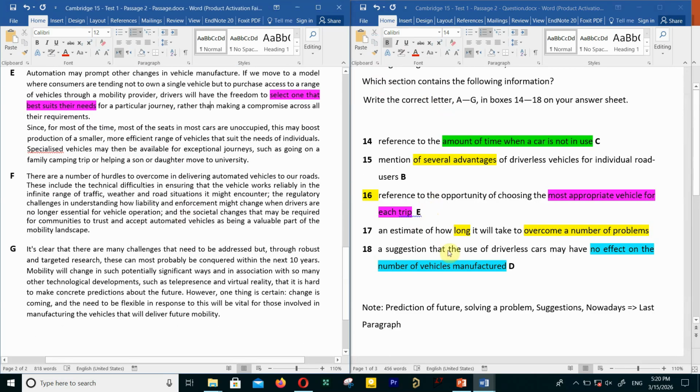Now we are left with just one option, and we have paragraph F and G. So paragraph F, and we have to focus on an estimate of how long it will take to overcome a number of problems. There are a number of hurdles to overcome in delivering automated vehicles to our roads. It's clear that there are many challenges that need to be addressed.